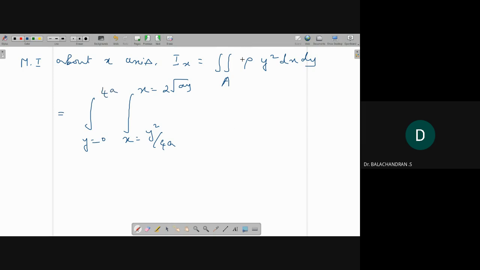Rho is 3m by 16a square, into y square into dx and then dy.